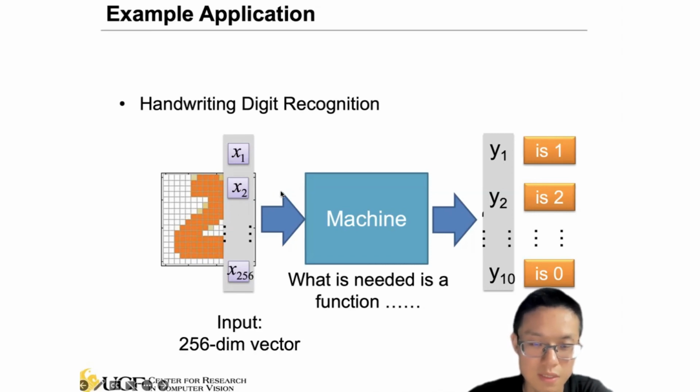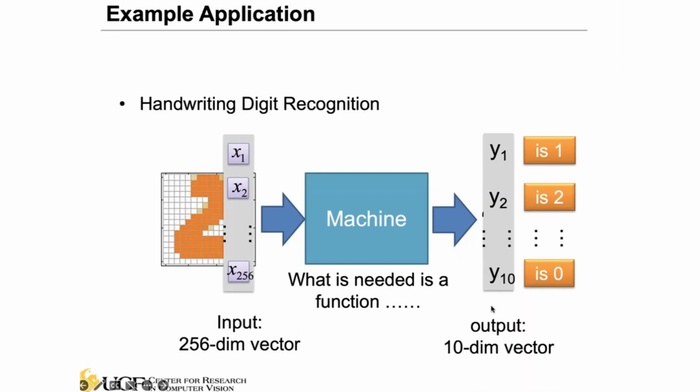So as we said, if we do the vectorization, this is the input 256-dimension vector. Of course, this depends on the input resolution of the image. Here we are using a very small resolution, 16 by 16. But if you have a larger input, like 100 by 100, then the input dimension is going to be larger.